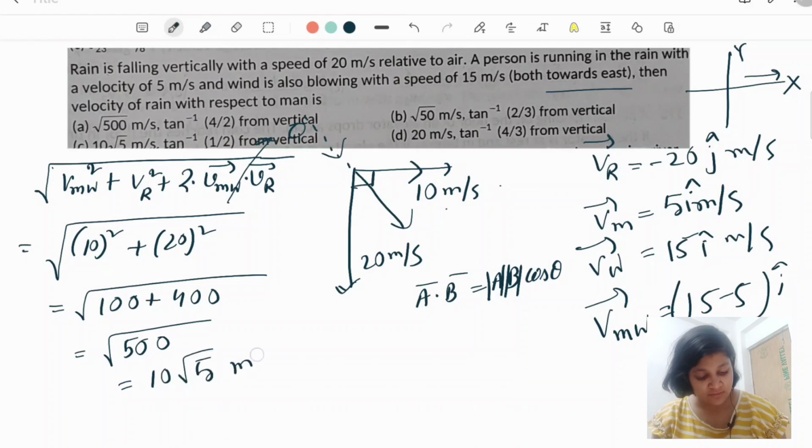This is the value of the resultant velocity, and we also want to know the direction of the velocity in terms of tan.